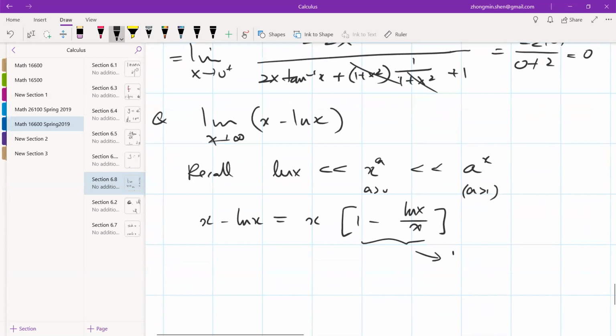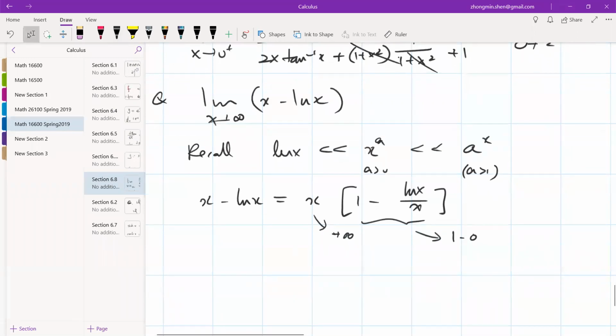The limit of this part is 1 minus 0, so it's 1, because the second part's limit is 0. We already know that, remember. The first part approaches infinity. So you have a product of two terms. The first term approaches infinity. The second term approaches 1. The product approaches infinity. It's obvious, clear. So that's why it approaches infinity.